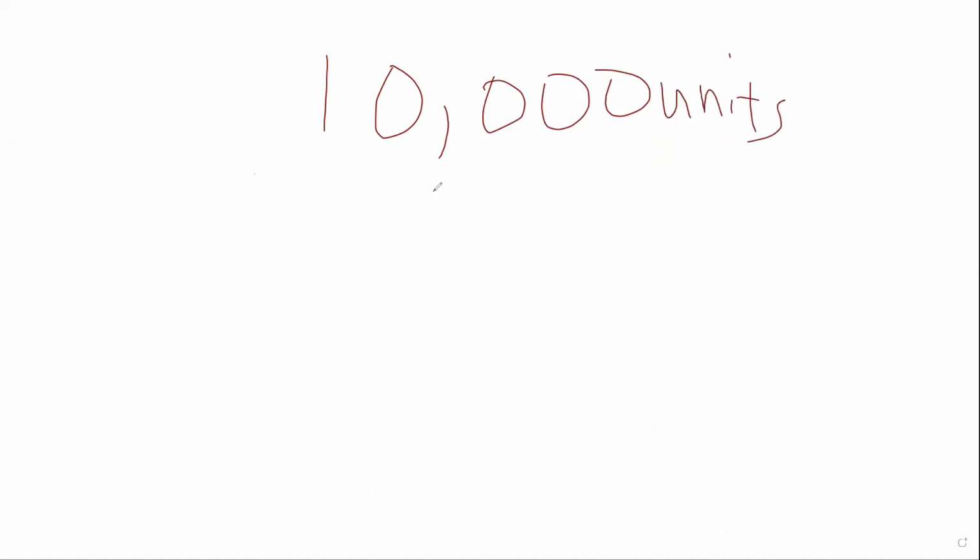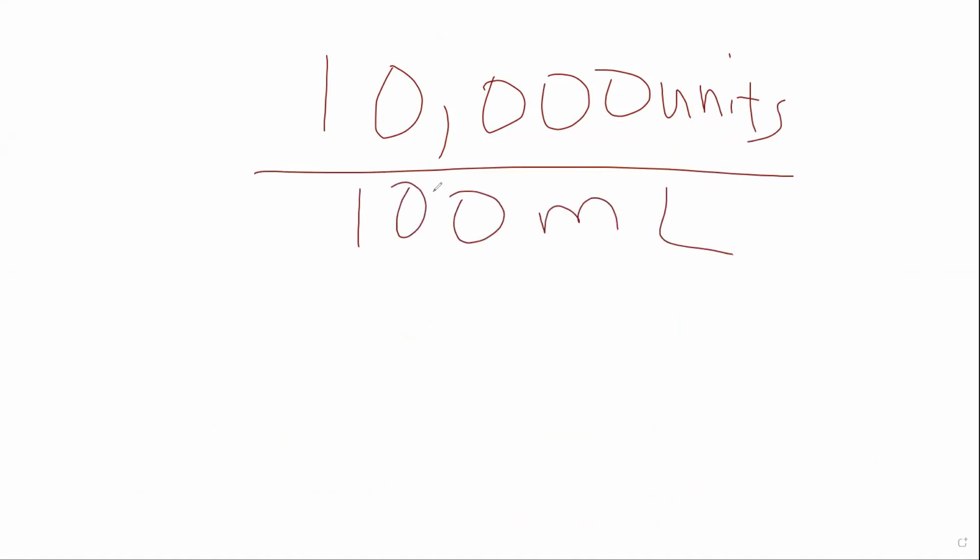So we're going to start by taking our 10,000 units and dividing it by our 100 ml. And that's going to tell us how many units per ml we have. So 10,000 divided by 100 equals 100.